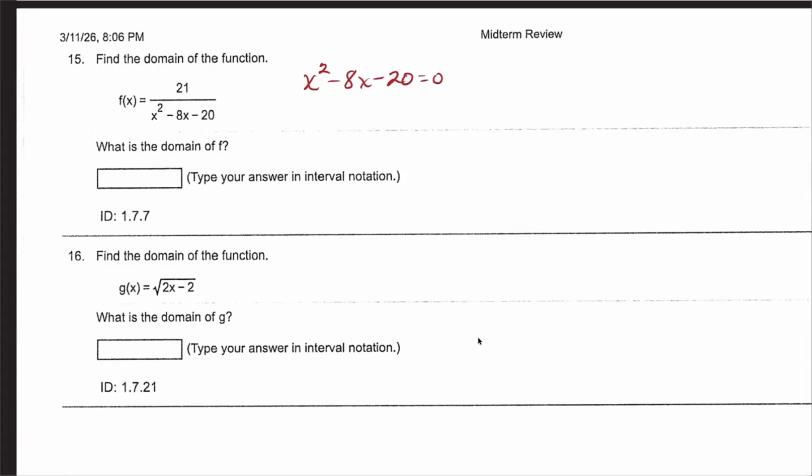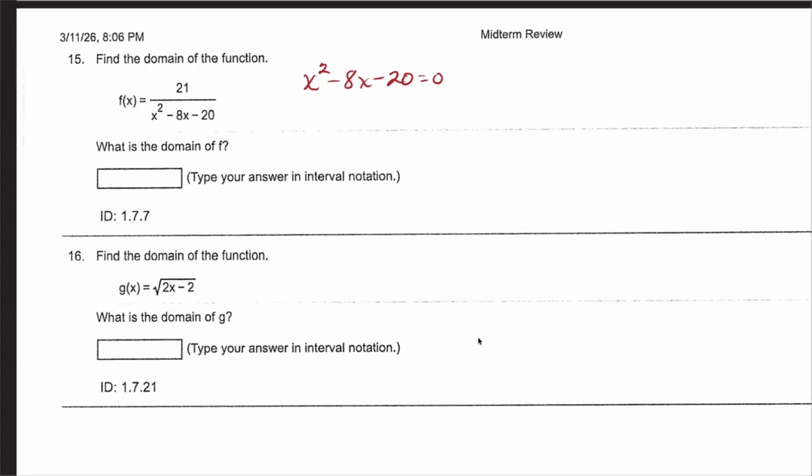What do I mean? Well, the denominator can never equal 0 if it's going to produce real number values. But we have to figure out what values of x will make it 0 so we can exclude them from the domain. And the only way to do that is to set the denominator equal to 0, figure out what value is going to make it 0, and then say, hey, you can't put those numbers in the domain.